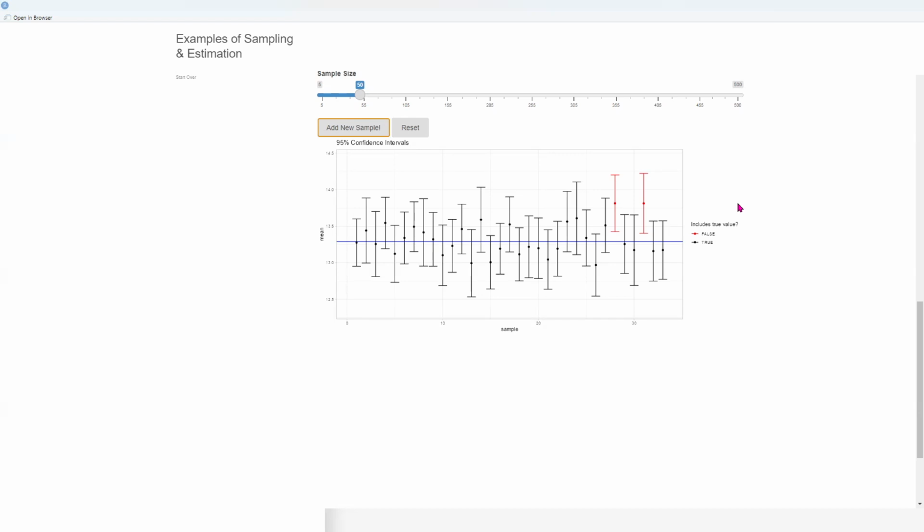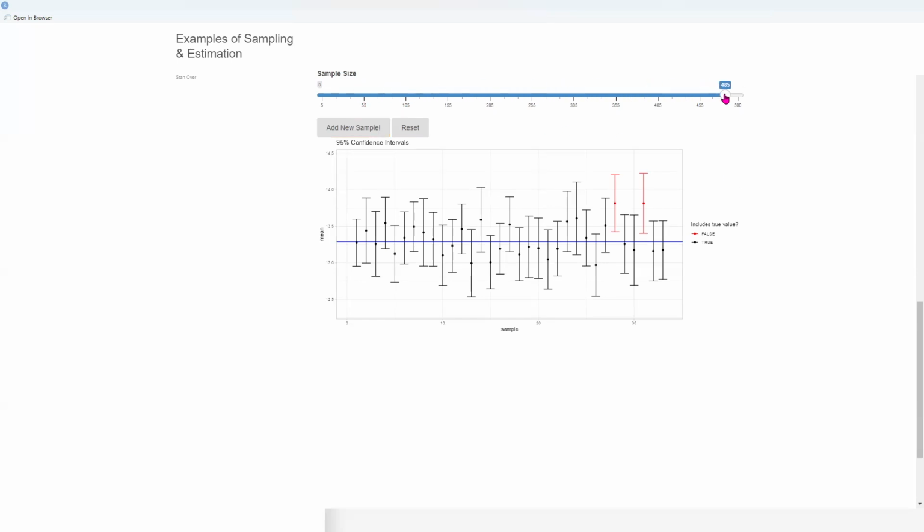So again, 95% is a good trade-off between being fairly sure, 95% confident, that it will include the true value, and not being extremely wide, which wouldn't be useful at all.